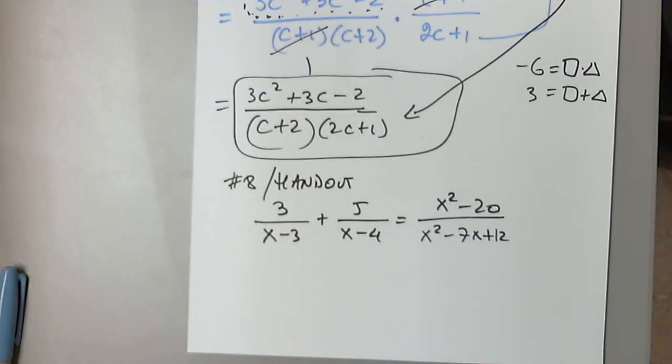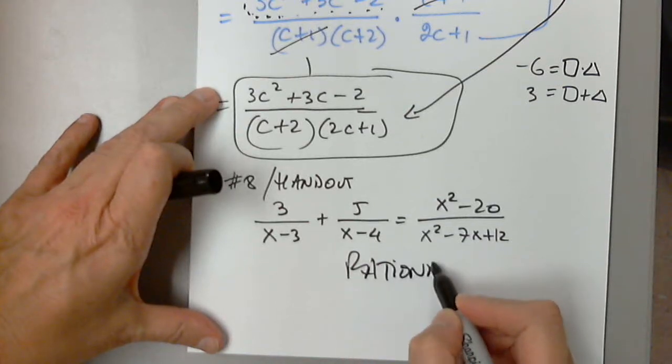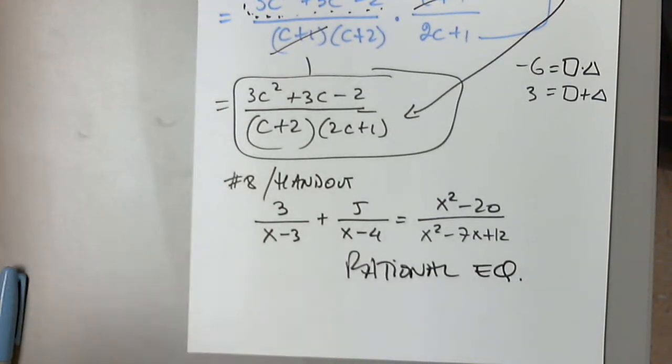So, perfect. What type of equation is this? What have we been doing? Good. Very good. Rational. It's a rational equation. I have to caution you, I consider rational equations one of the most difficult ones, together with maybe radical equations.